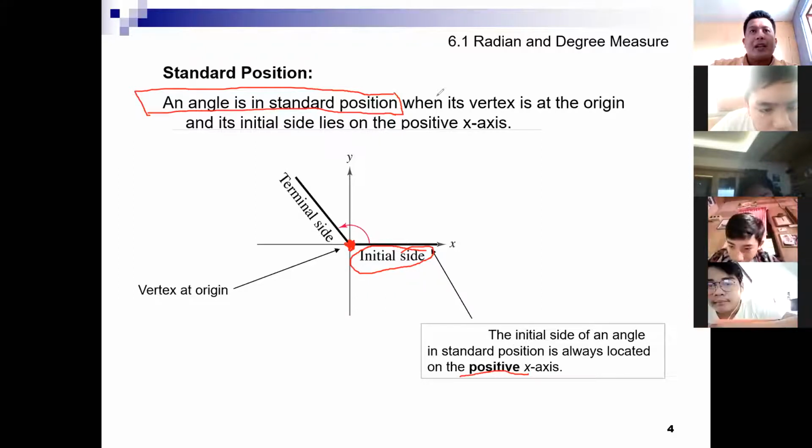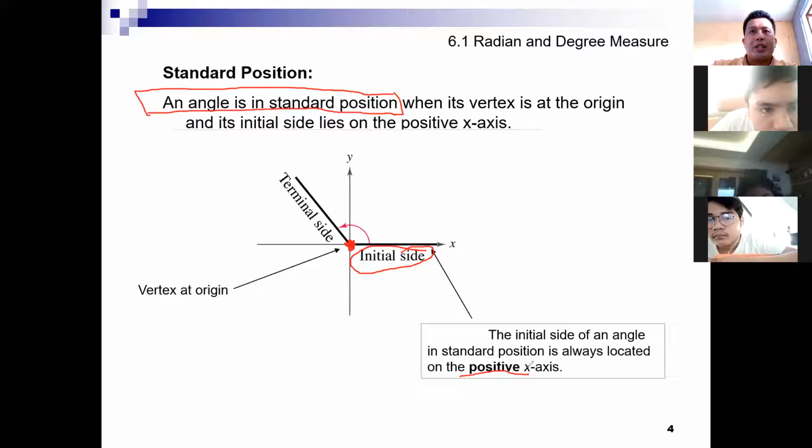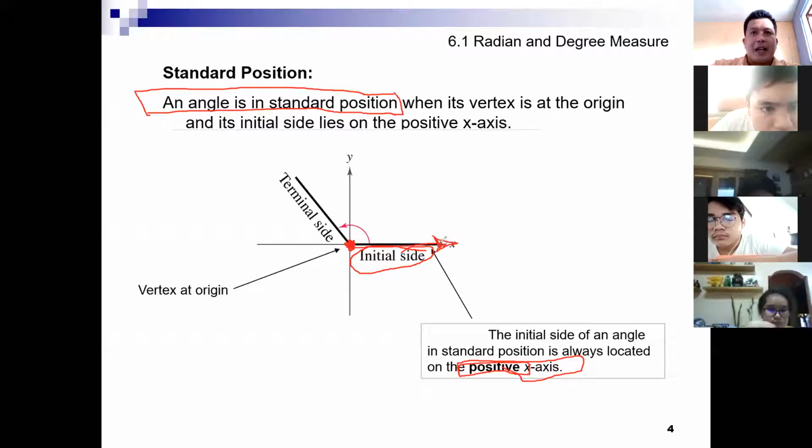Again, the angle in standard position is to be drawn first on the positive abscissa, which is the positive x-axis.